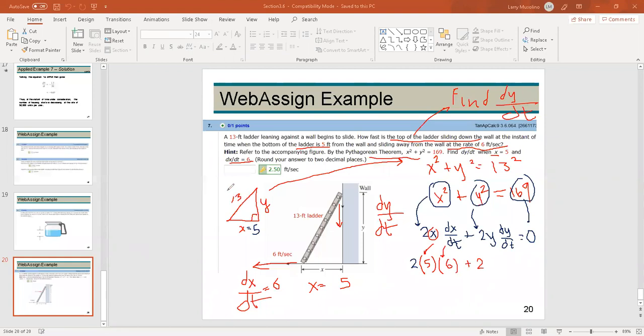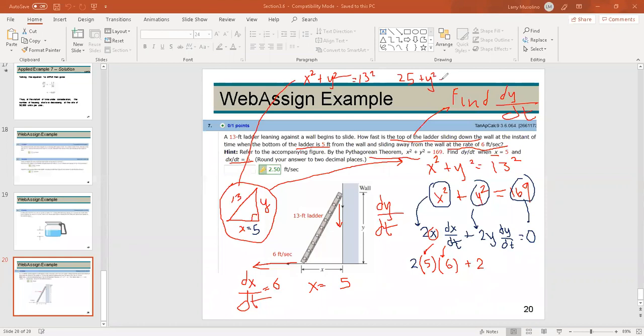But, of course, I can figure out y because of the Pythagorean theorem. When I look at this triangle, I know one side is 5, the hypotenuse is 13. Of course, I can use the Pythagorean theorem to figure out the missing side. Let's do it up here. So it's going to be x squared plus y squared equals 13 squared. x is 5, so that's going to be 25 plus y squared equals 169.